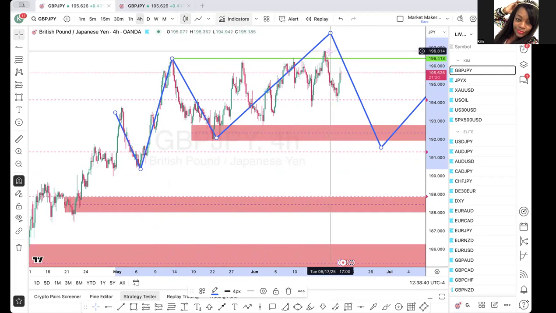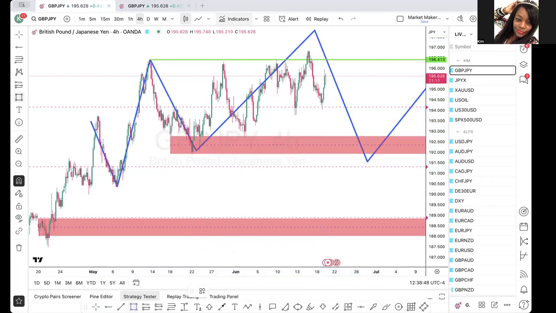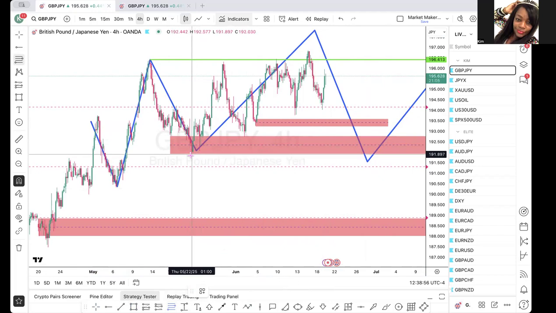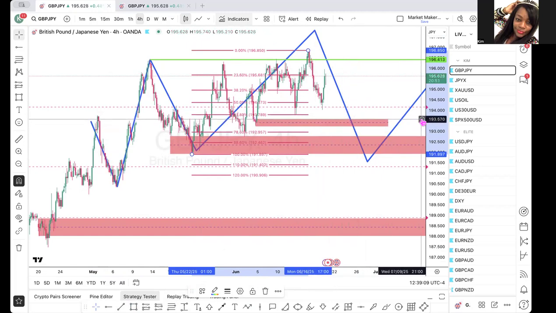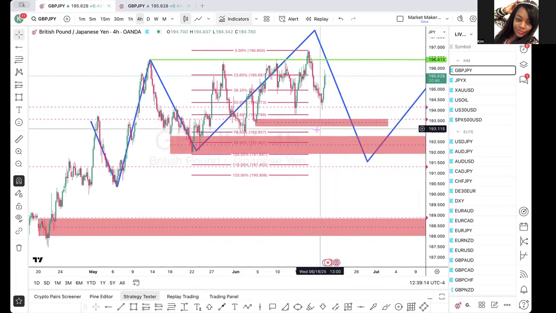So as you can see, price broke this high on this 4 hour. So I'm looking for price to pull back. There's a demand zone here. I think this is probably the 618. So I'll definitely set an alert. Yeah, see, that's around the 618. So I would set an alert here at the top of the zone, and I would wait to see if I saw any structure shift.